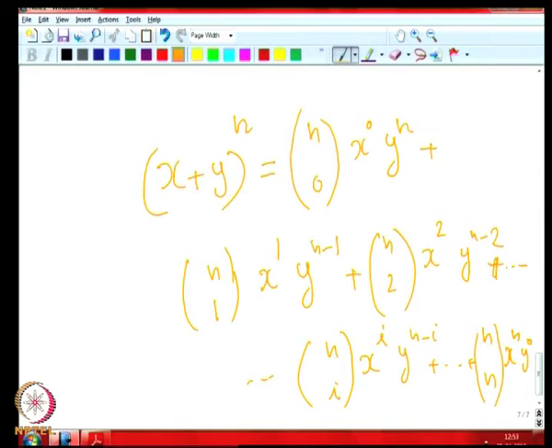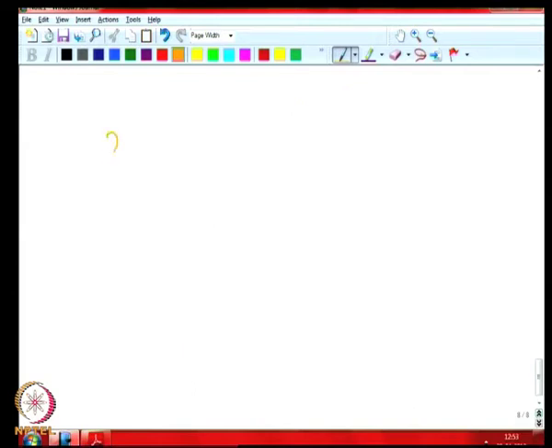So here is a formula which involves these combinatorial coefficients n choose 0, n choose 1, n choose 2, etc. So how do we derive this? This is easy to see. x plus y raised to n is actually what?